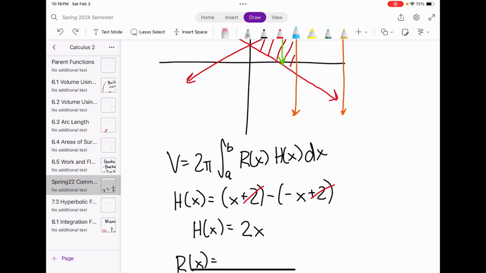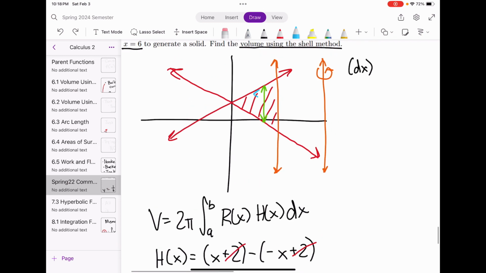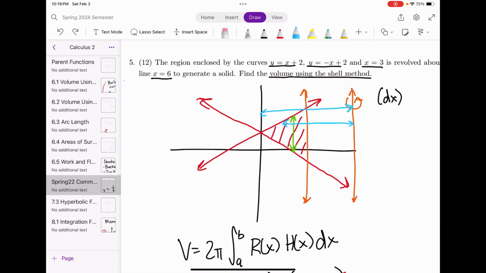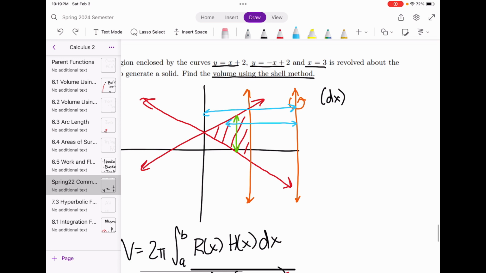Oops, a little too far. To the graph. And this value is going to be determined by, we're going to take the total value of this, which is 6. And we know that because this is x is equal to 6, right? So this is difference of 6.